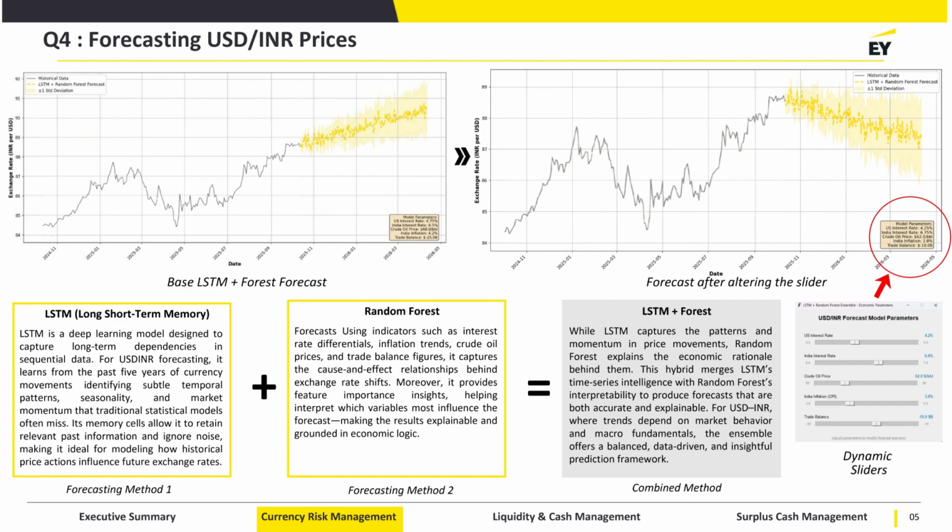One is the long short-term memory model, or LSTM, which captures various time series patterns, momentum, and seasonality, along with the random forest model, which uses various other macroeconomic drivers such as inflation, crude oil prices, trade balances, and various others. And our integrated model looks to deliver one overall picture of exactly how the USD INR price acts 6 months down the line.